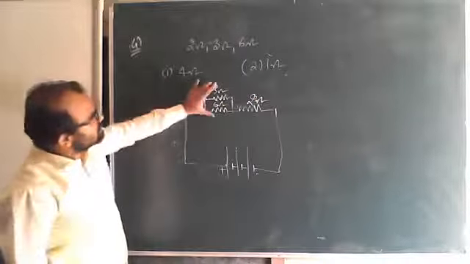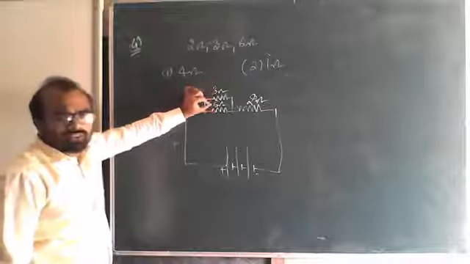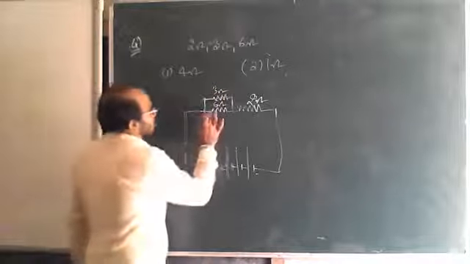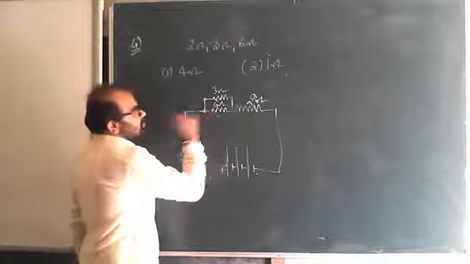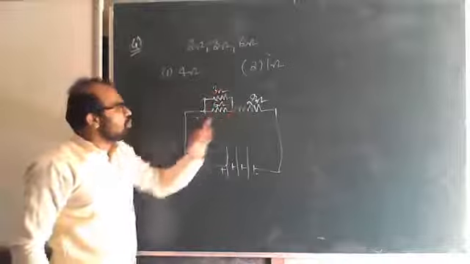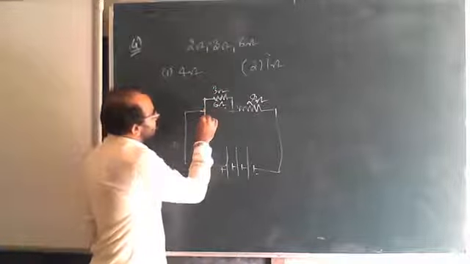See, these resistors which are connected in parallel, they will come here and they will become series with this 2 ohm. So we can say 3 ohm, 6 ohm, 2 ohm. So I can write like this. You can easily make it like this.